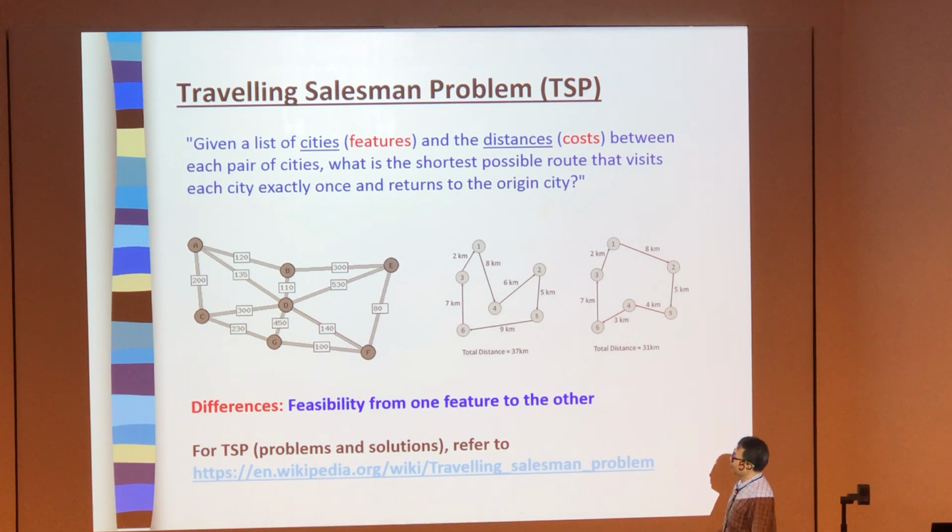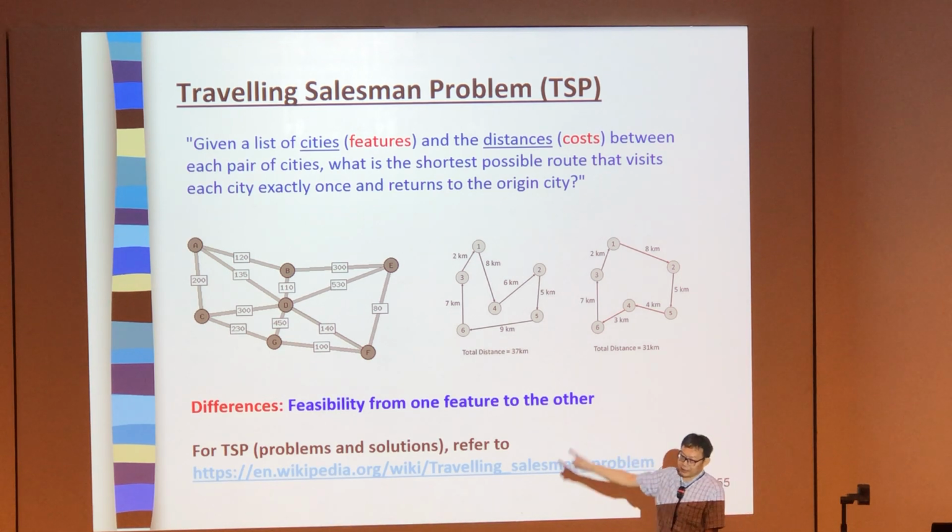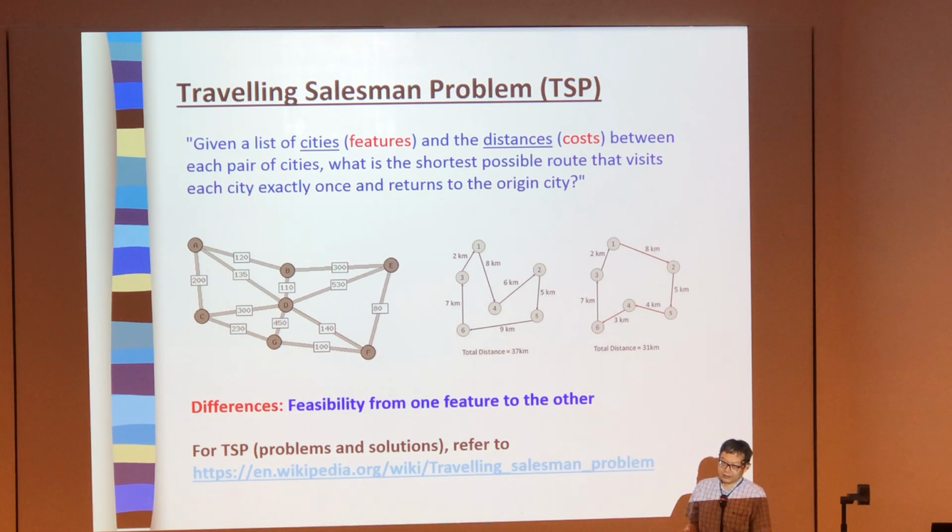So the question is, now we want a solution. We want to make sure that the traveling salesman visits every city only once, and the overall distance traveled should be minimized. So that is quite understandable. In our daily life, we are facing this kind of decision making all the time.